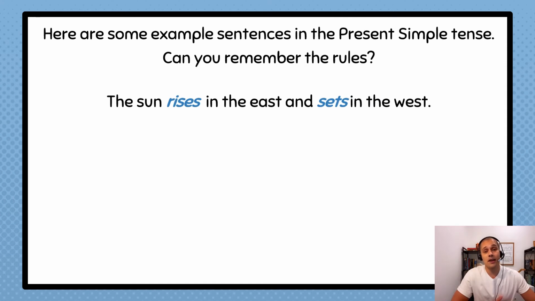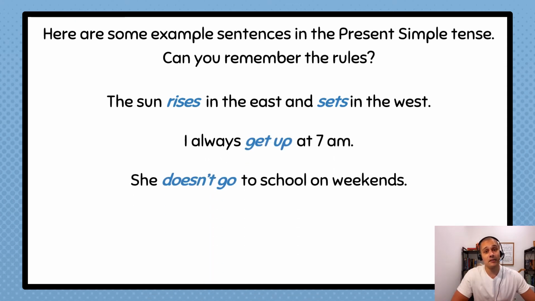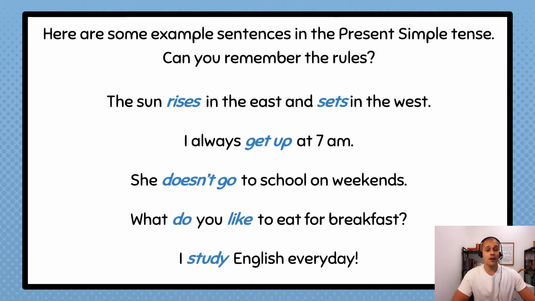So I hope you can remember the rules of the present simple. We have here 5 examples. I would like you to pay attention to them because you're going to see some particularities of the present simple. All right, the first one we have: the sun rises in the east and sets in the west.